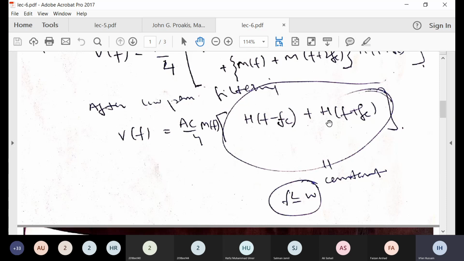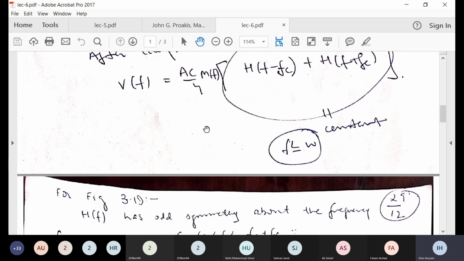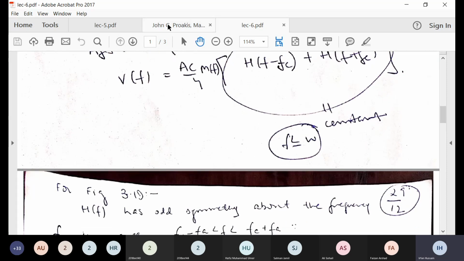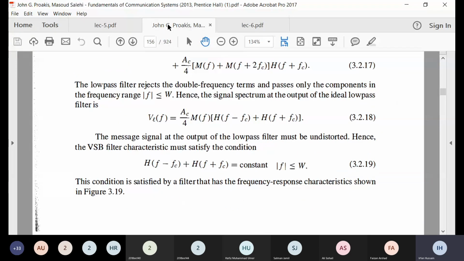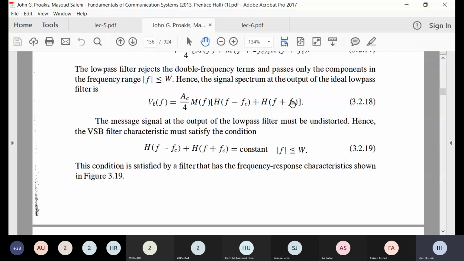You would need this to be a constant so that you can get back your M(f). So this is what is required, that this term needs to be a constant.